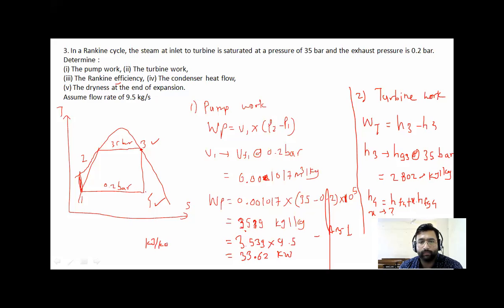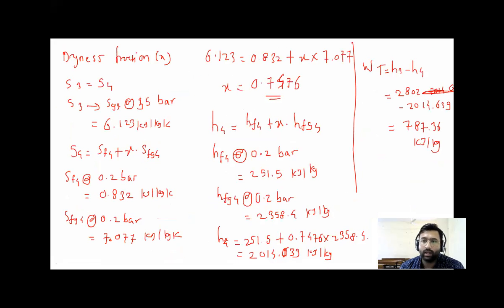Kilojoule per kg into kilogram per second: kilogram will cancel, and kilojoule per second is nothing but kilowatt. Here also calculate 787.36 into 9.5, that is 7479.9 kilowatt.